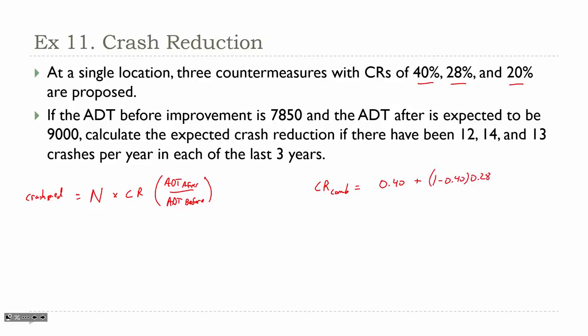Is that right? Plus, what's the next one? 1 minus 0.28 times 0.2. That doesn't sound right. 1 minus 0.4 times 1 minus. Okay, that sounds better.